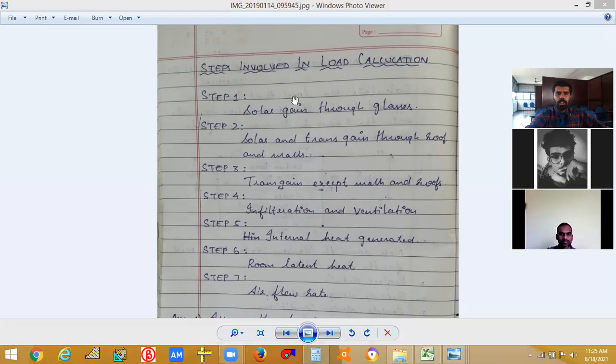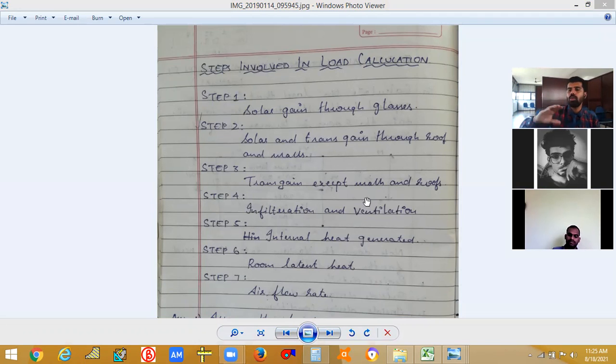Now we have already seen the first 5 points of given data. Now we are coming to the solution. You can see step 1 till step 7. You have to go through this first step 1 till step 7.